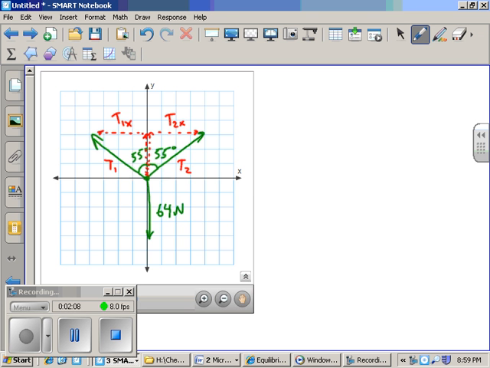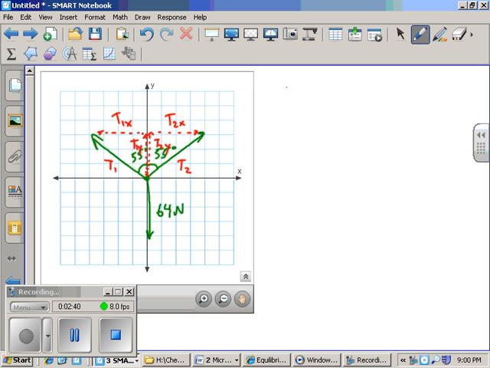We also know that we have two forces in the y direction. We have T1y and T2y. It's a little bit tricky to see because it starts to get jumbled up in there. But if those angles are the same, that means that those two y components are the same.